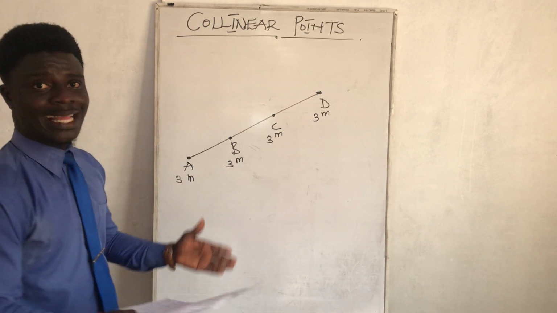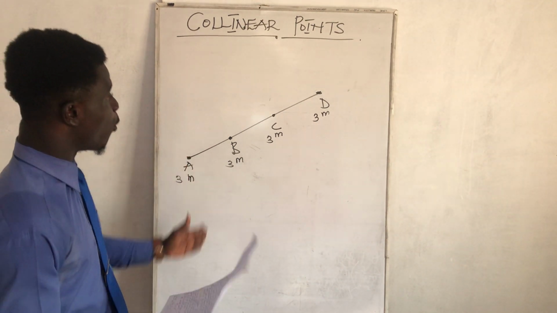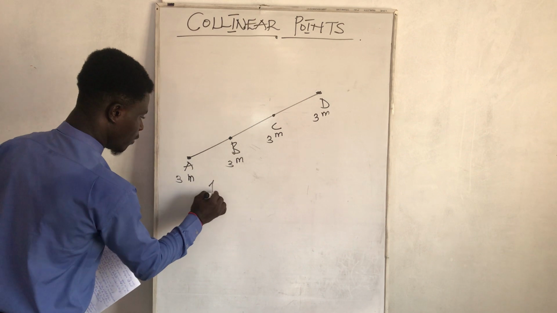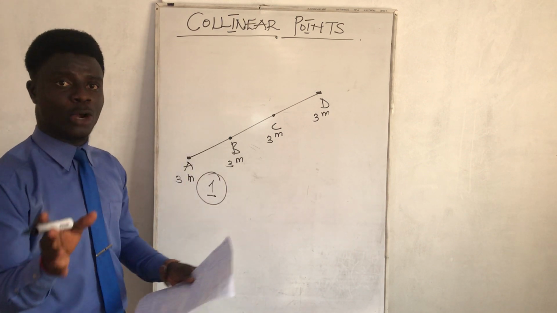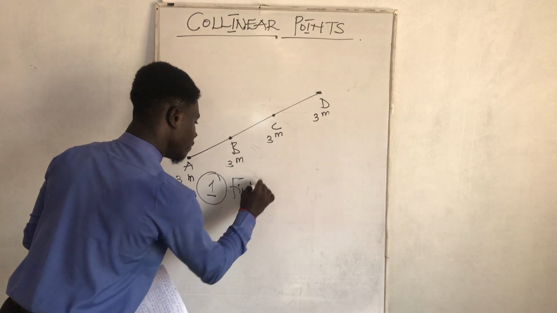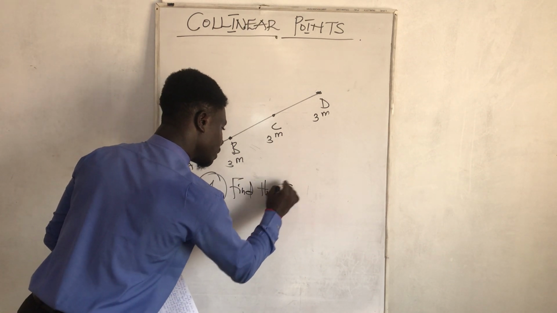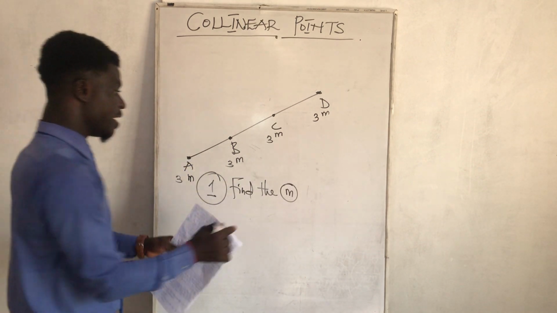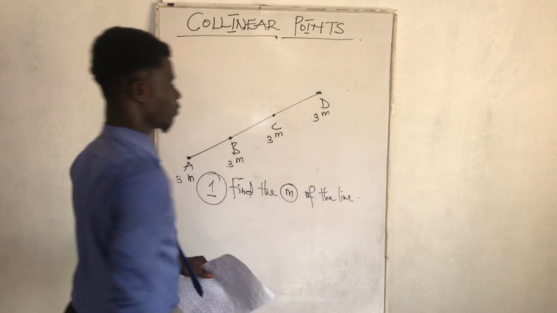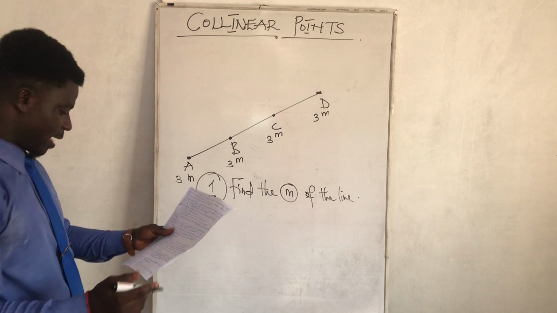To show whether or not 2 or more points are collinear, step 1: find the gradient, which is m, of the line.